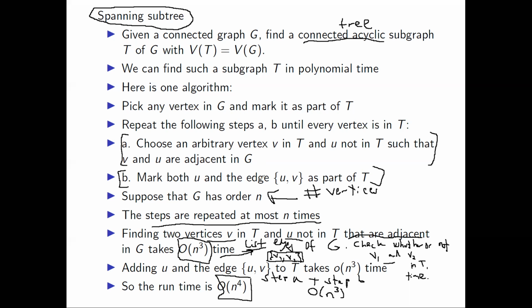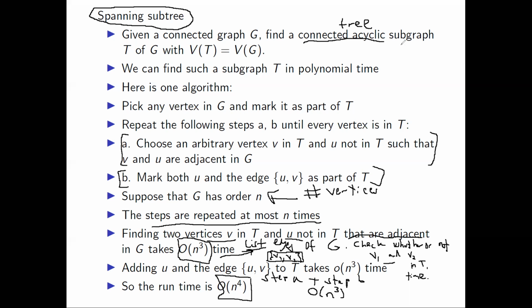So for this algorithm, we were multiplying. But if this algorithm had another component that we added onto it, then we would add the runtime of that component. So we're multiplying here because we were basically doing a loop. We were repeating these steps until we ran out of vertices in our graph to add to T.